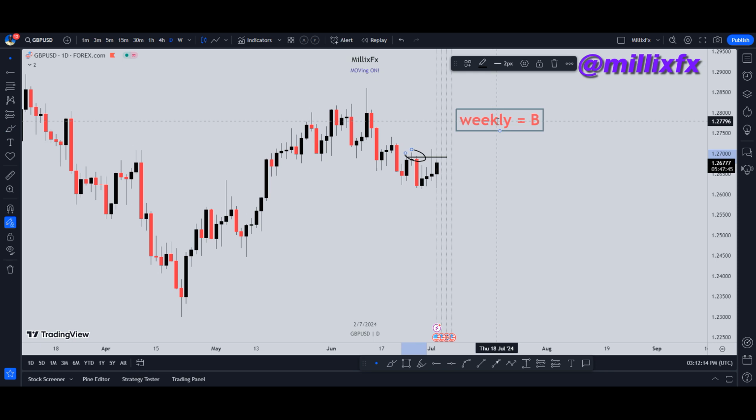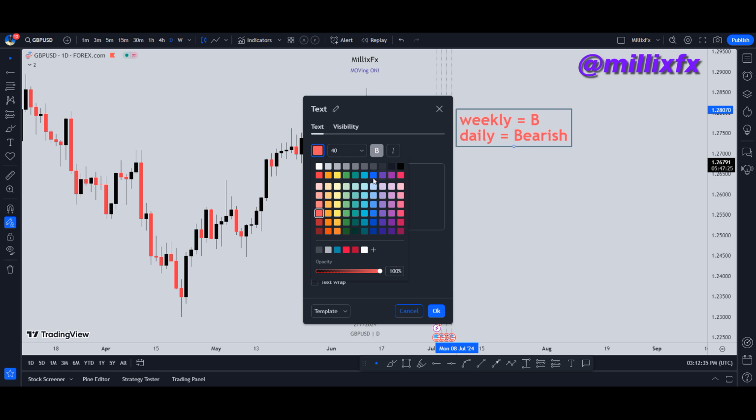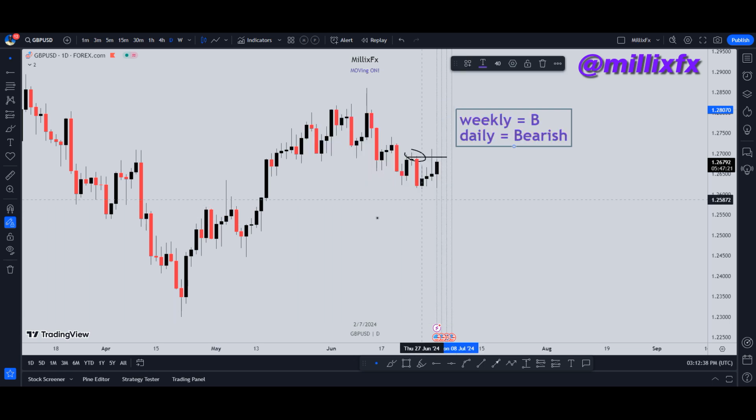So weekly time frame is bullish, and now we have the daily time frame being bearish. I think this is going to conflict a bit, so I'm just going to make it a full bearish, and this one, if I make it blue or maybe violet, that'll be okay.